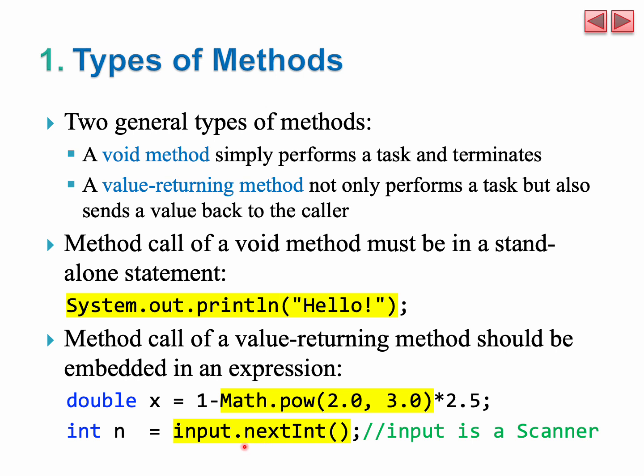Similarly, the method call to the nextInt method of a Scanner object can be embedded in any expression where an integer value is expected, for example, assigning it to an int variable.